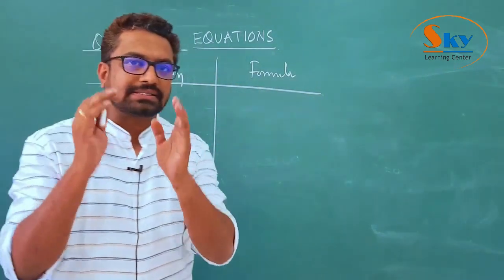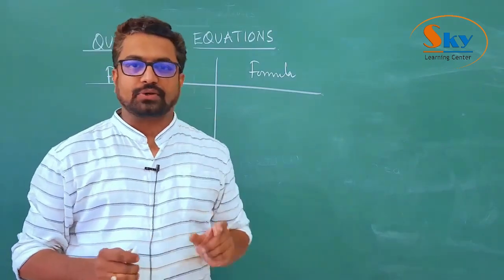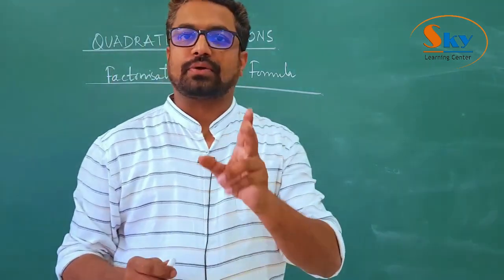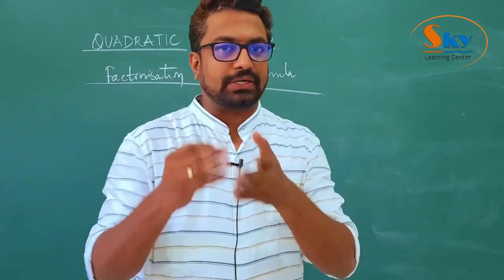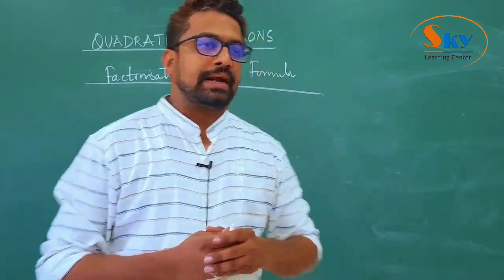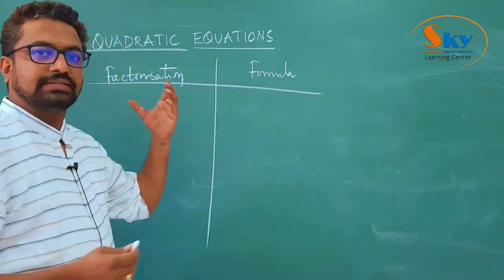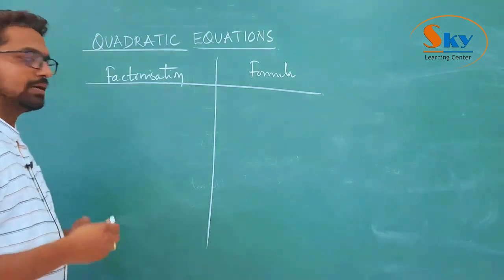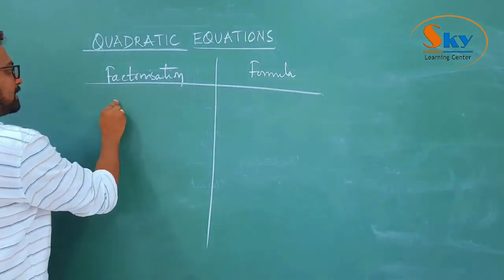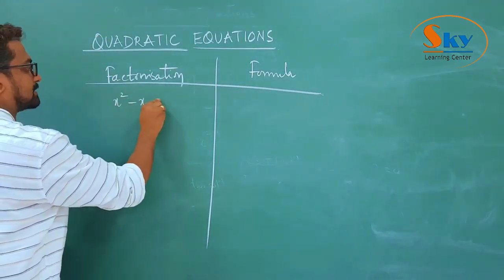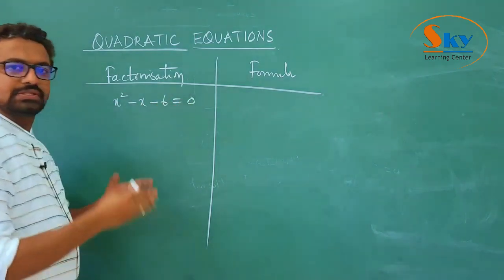So let me take one quadratic equation and solve it by both methods so that you can compare those 2 methods and see that we are going to get the same values. For example, let me take x square minus x minus 6 equals 0. So this is a quadratic equation.